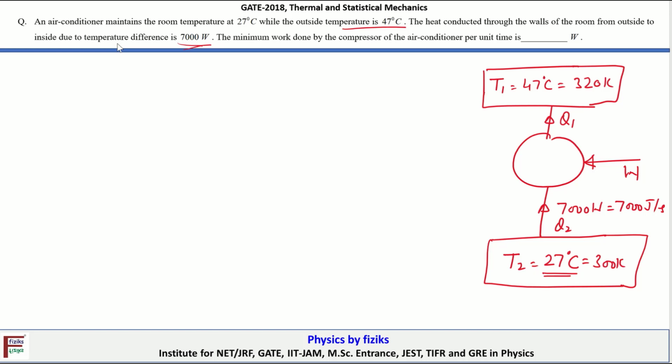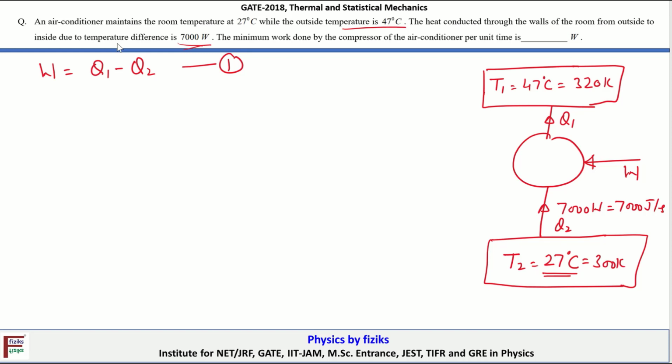So the work done that's required to extract 7000 joule per second from the room is equal to Q1 minus Q2. This is the standard result that we obtain while talking about the Carnot cycle.